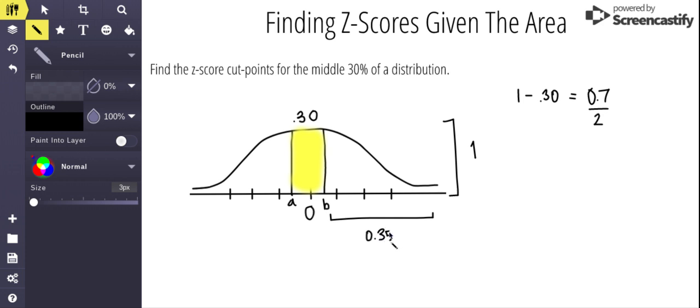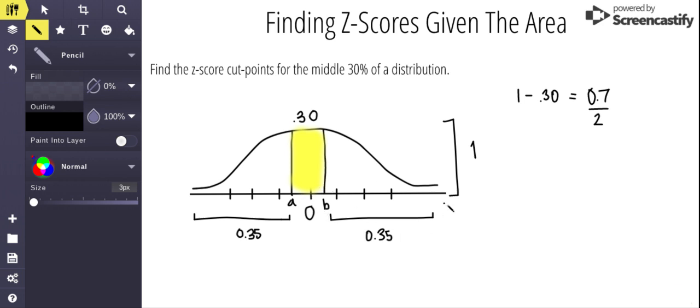And then over here, that is also going to be 0.35. So what we really did was subtract that middle 30% from 1 to find how much of that curve was not covered by that middle 30%.